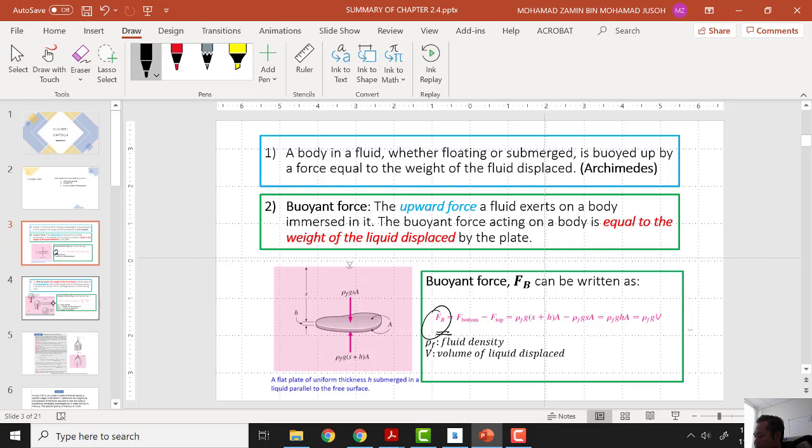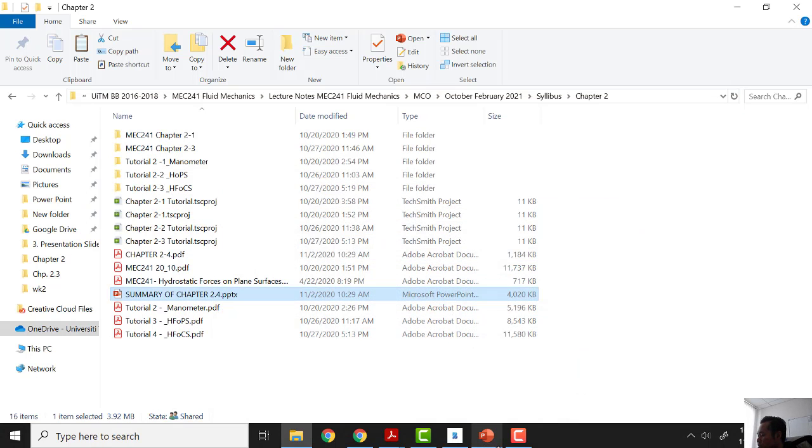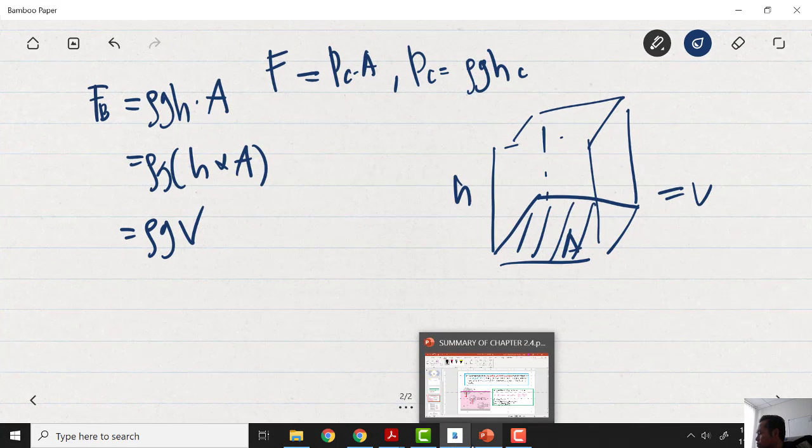Next, for floating bodies, the weight of the entire body must be equal to the buoyant force, which is the weight of the fluid whose volume is equal to the volume of the submerged portion of the floating body. Now let's look at floating bodies.